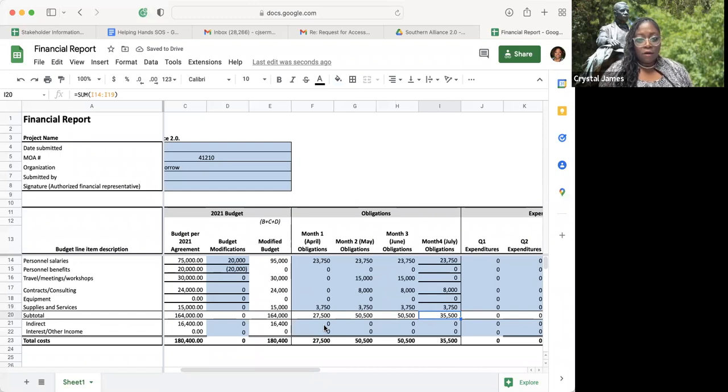And that indirect cost would also be spread across the 4-month period.